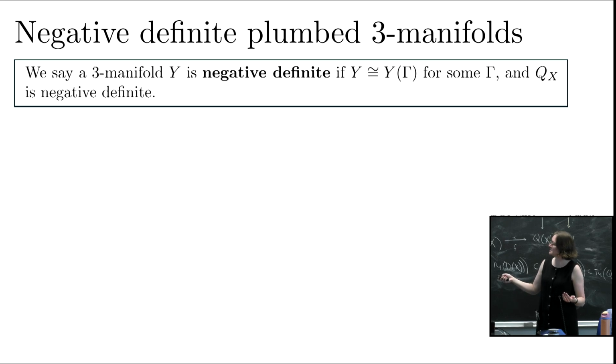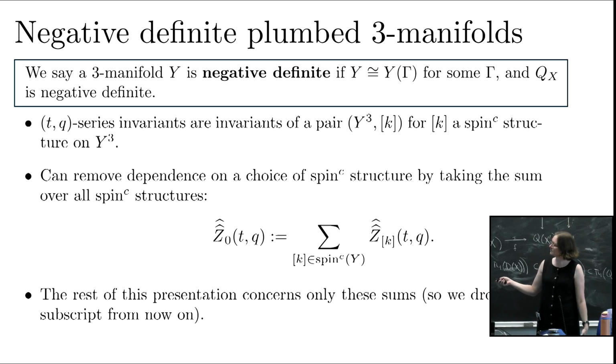We say that a 3-manifold Y is negative definite if it's homeomorphic to Y of gamma for some gamma, and to that Y of gamma we associate that X, and that X's intersection form Q_X is negative definite. So if the plumbing graph gives rise to a negative definite 4-manifold, then we say that Y of gamma is negative definite, or any manifold that is homeomorphic to it.